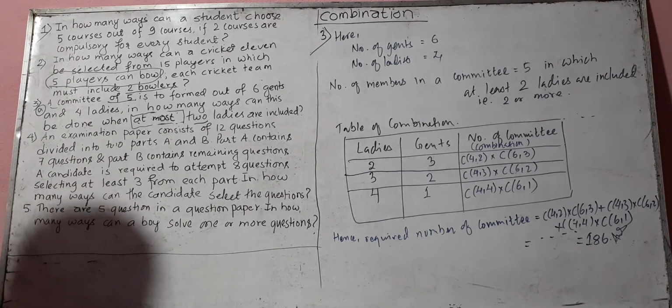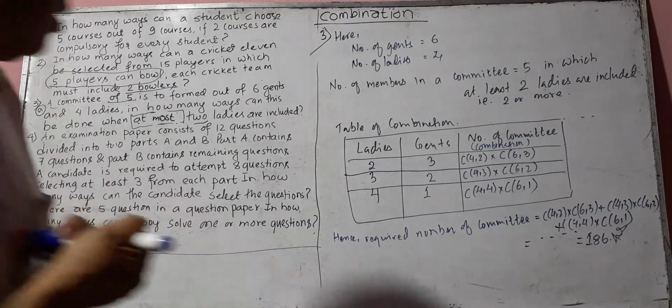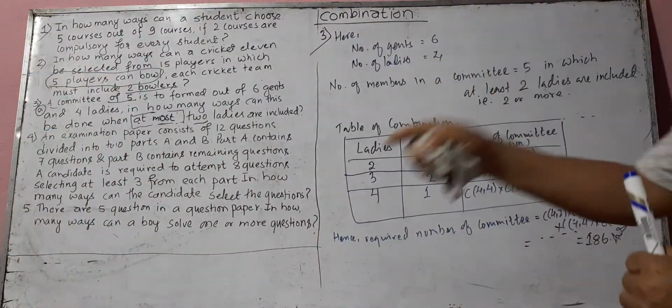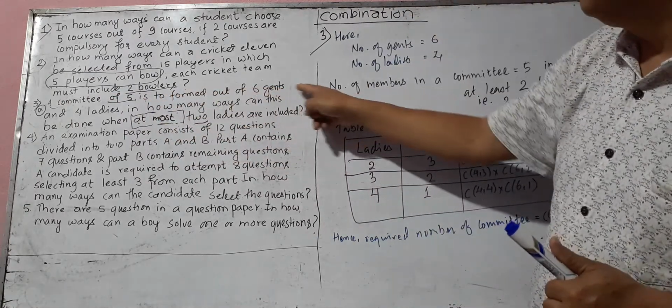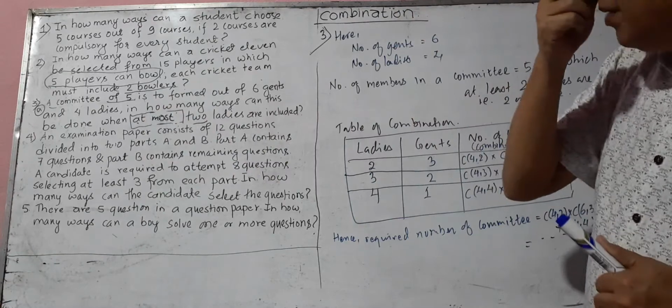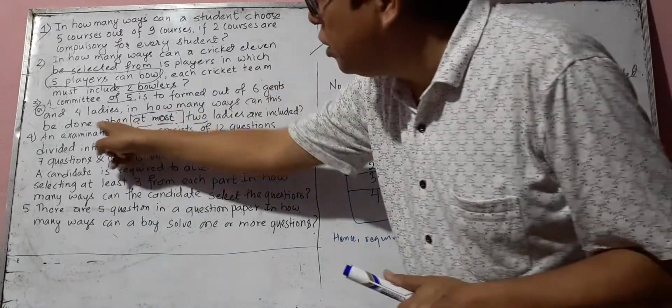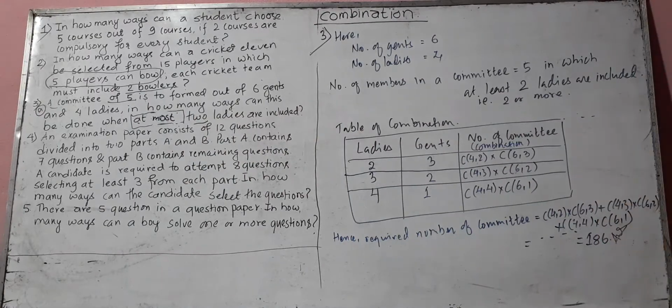The question is: a committee of 5 is to be formed out of 6 gents and 4 ladies. In how many ways can this be done when at most 2 ladies are included?